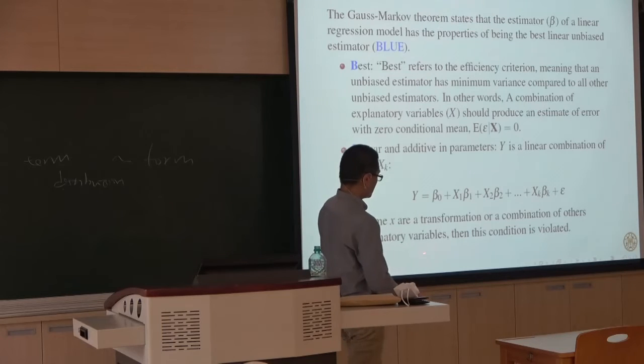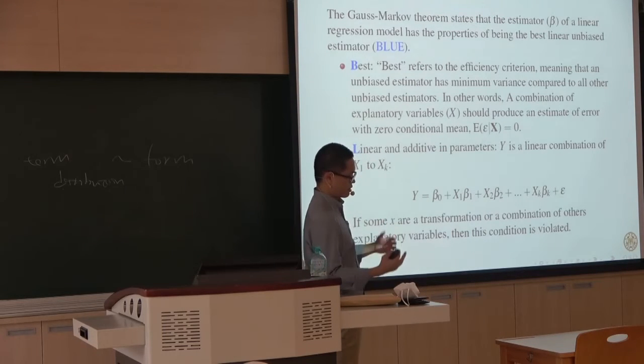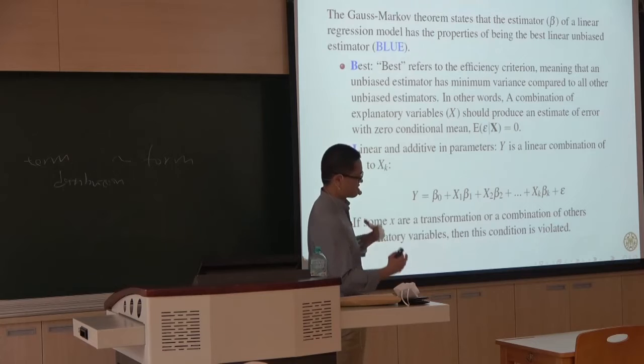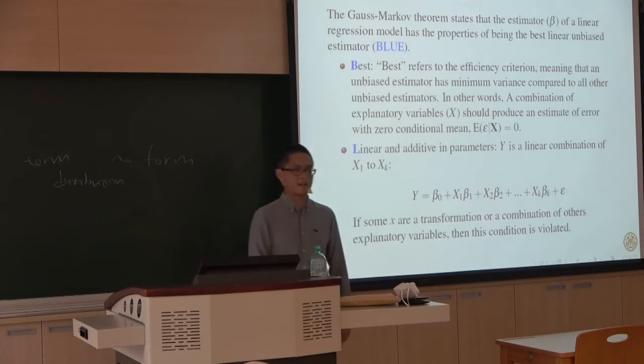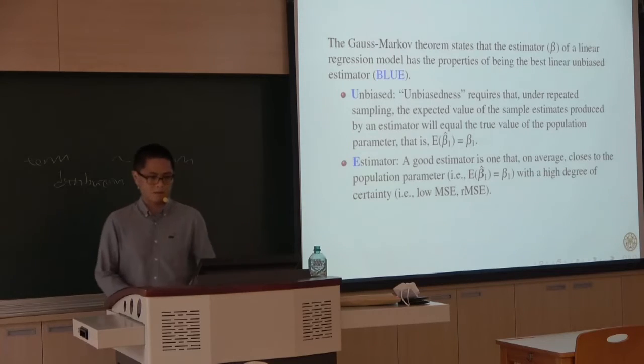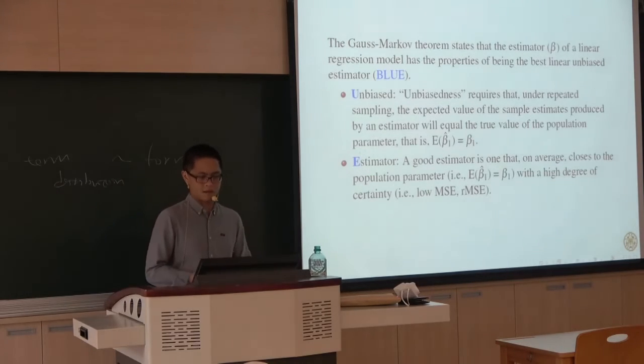For example, like an interaction term, right? Say the effect of x1 on y is conditional on, say, x2, then we will say the relationship between y and x1 is not exactly linear. Okay, we'll get to that in a couple of minutes.